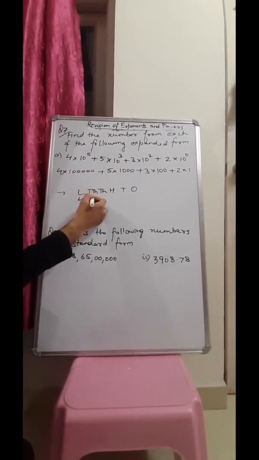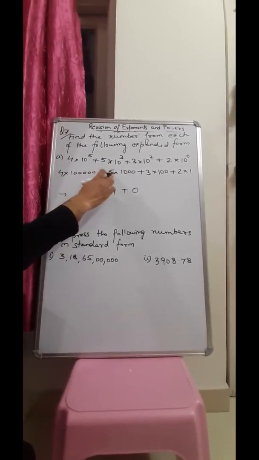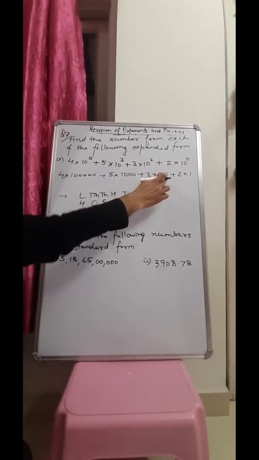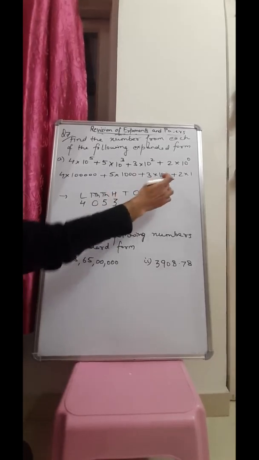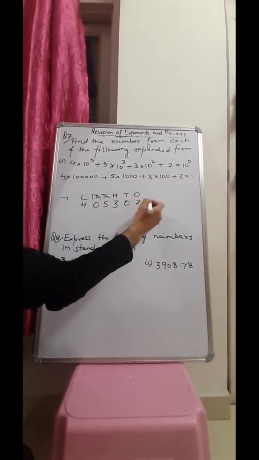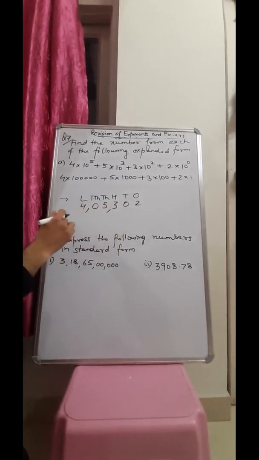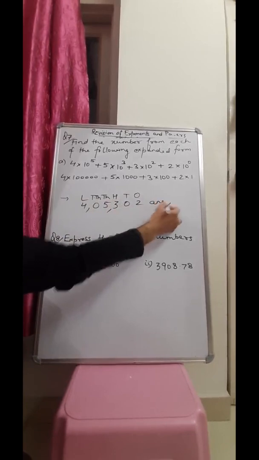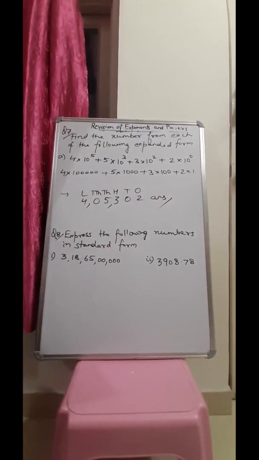But in 10,000, what will come? 0, because here the 10,000 place value is missing. So 5 into 1000, 5000. 3 into 100, 300. And the tens place value is missing, so 0 will come. And 2 into 1, 2. So the number is 4,05,302. So in this way we can form a number.